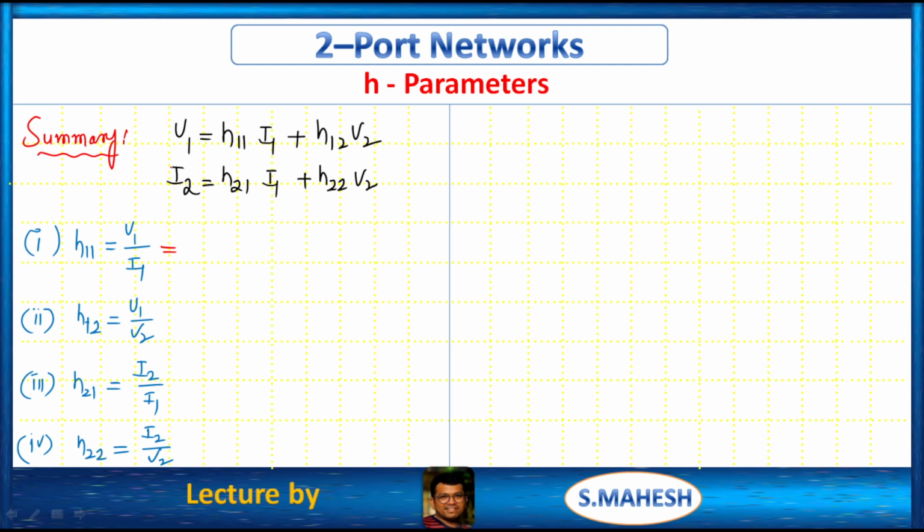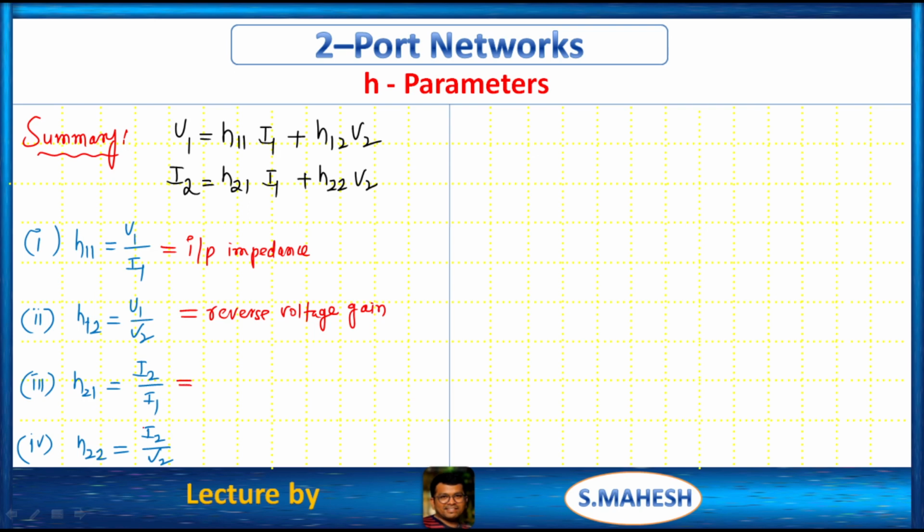V1 by I1 is voltage by current, that is impedance, input impedance. Clear? V1 by V2 is reverse voltage. This is a constant value, that's why it is called gain: reverse voltage gain.